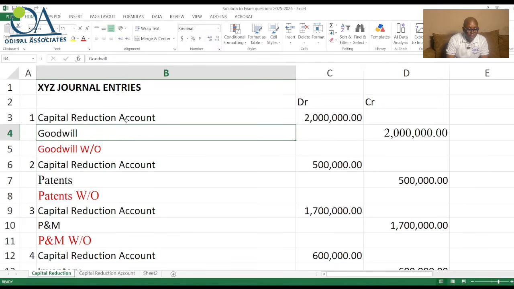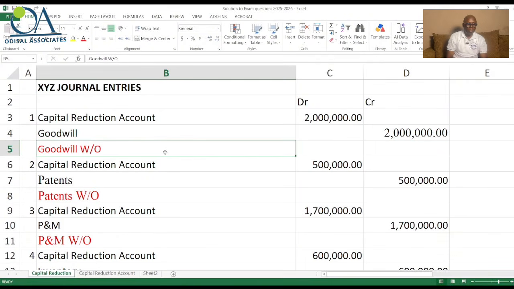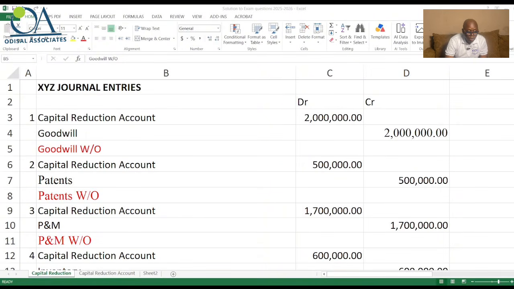So this is how it is. Capital reduction account, debit; goodwill, credit; then goodwill written off. That is the explanation or narrative. Then the second one, they said patents should be reduced to 300,000 naira.